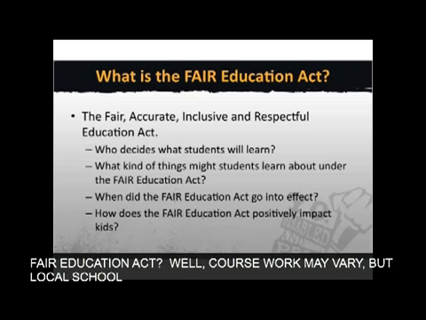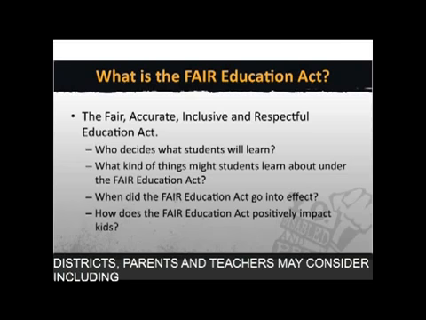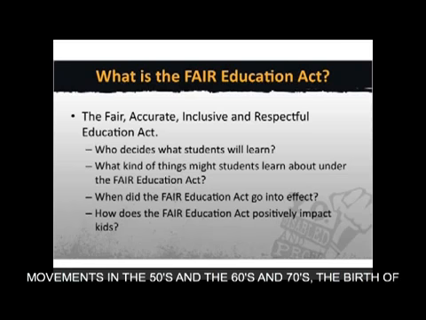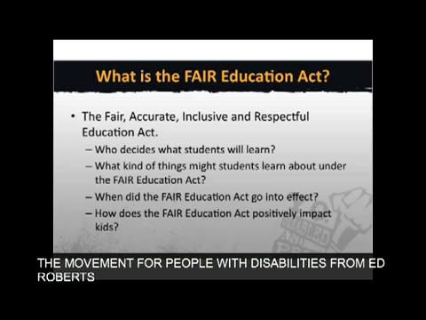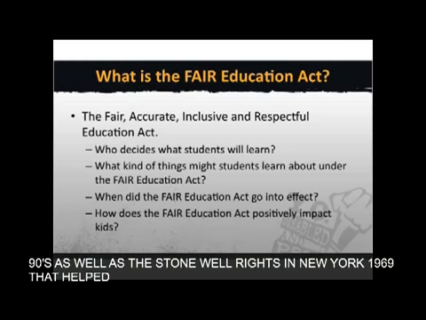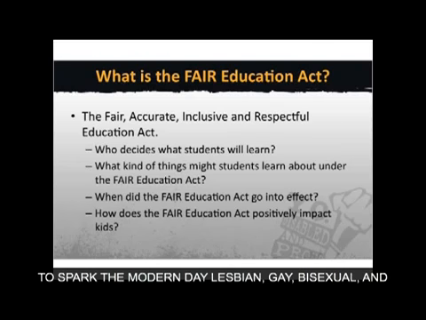Well, coursework may vary, but local school districts, parents, and teachers might consider including in high school history course lessons, such as, in the course of learning about civil rights movements of the 50s, 60s, and 70s, a discussion about the birth of a movement to secure equal opportunities and equal rights for people with disabilities, from Ed Roberts and independent living to the landmark Rehabilitation Act in the 70s and the Americans with Disabilities Act in the 1990s, as well as the Stonewall riots in New York in 1969 that helped spark the modern-day lesbian, gay, bisexual, and transgender LGBT civil rights movement for equality.